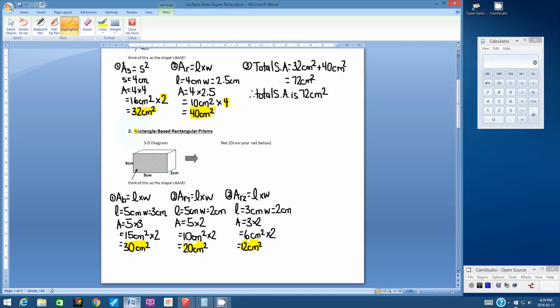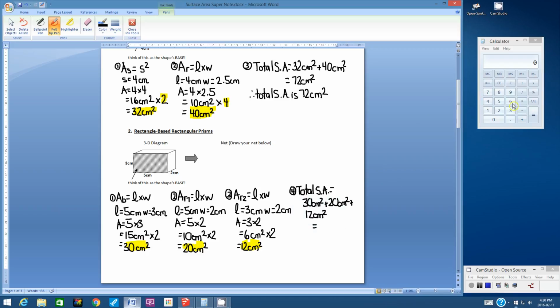Okay, so let's total them together. In our fourth step, total surface area equals 30 centimeters squared plus 20 centimeters squared plus 12 centimeters squared.